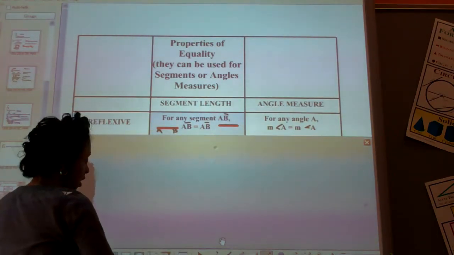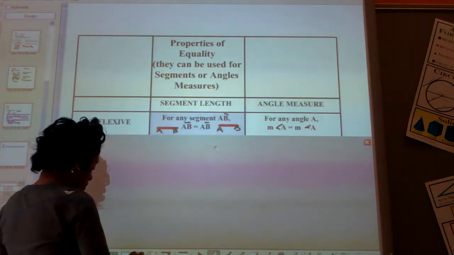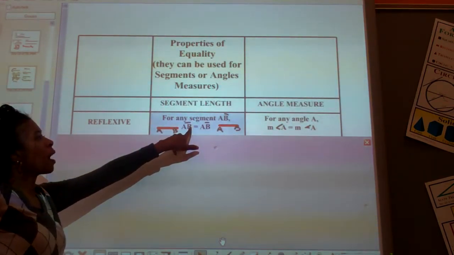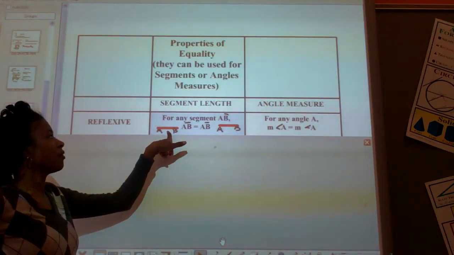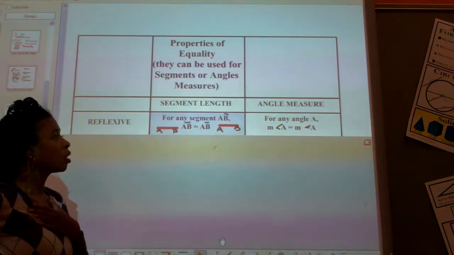Let's just say this is AB again, transferred over. The reflexive property says that for any segment AB, AB will be equal to itself. They're equal to one another.